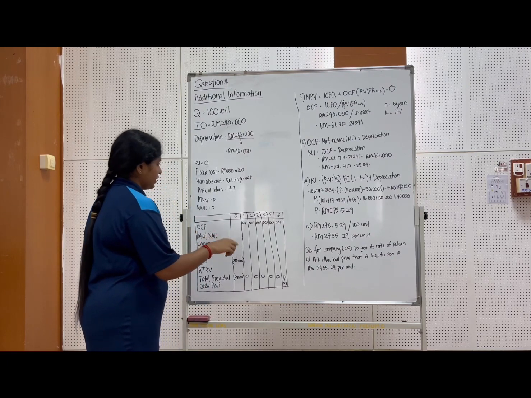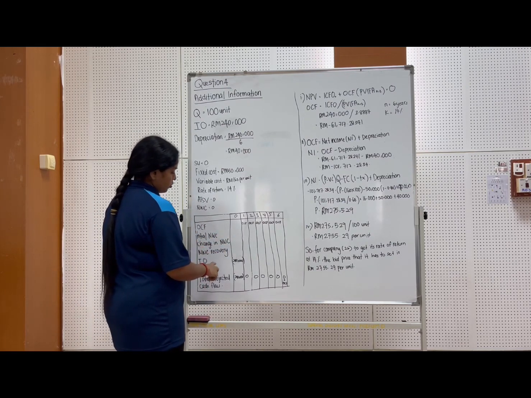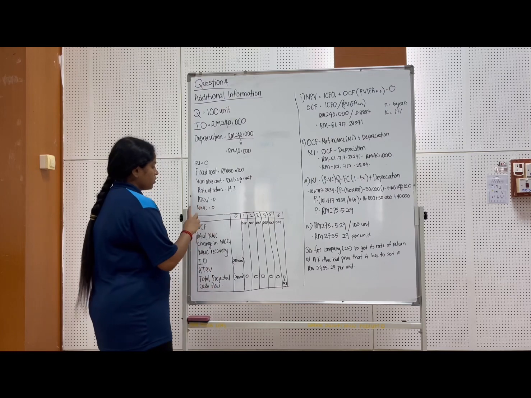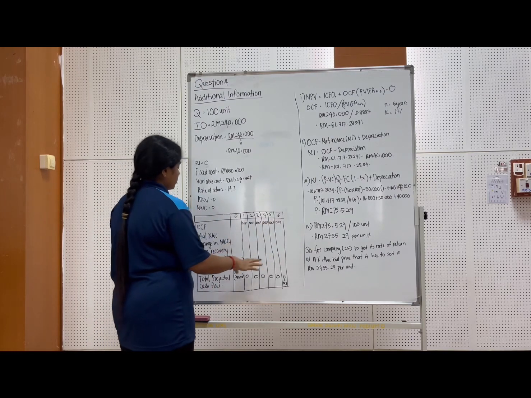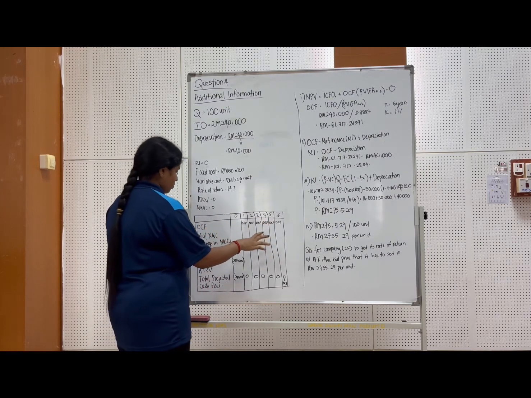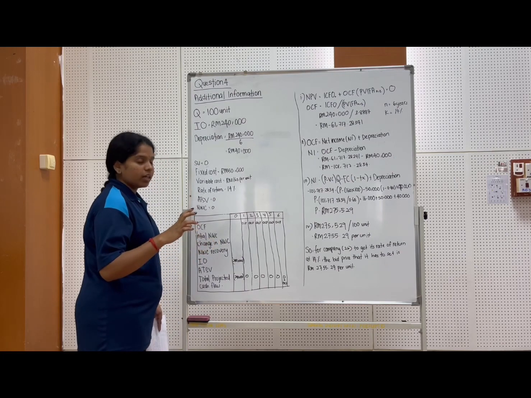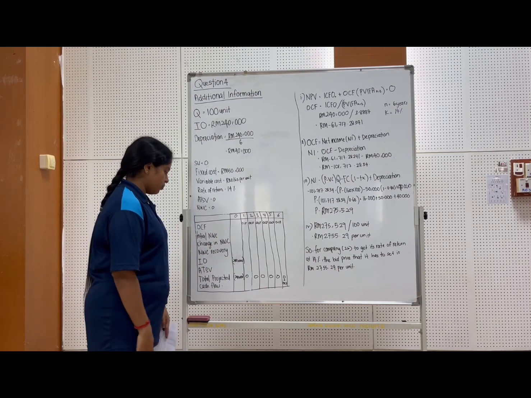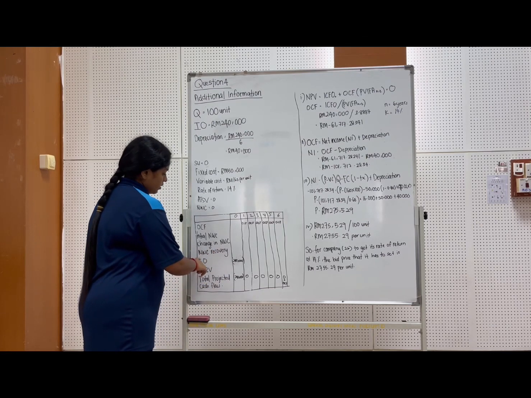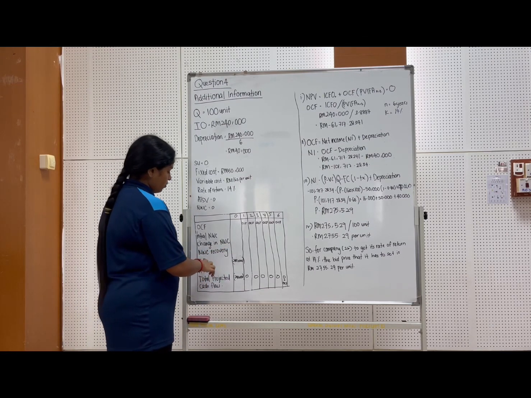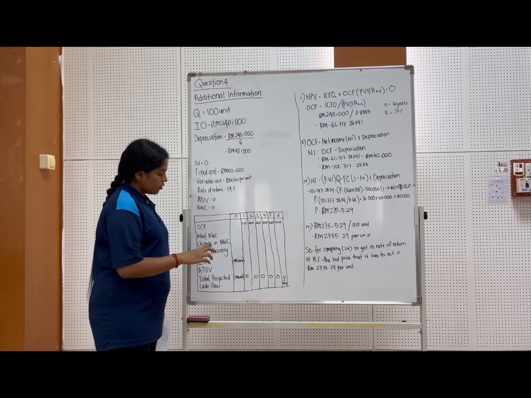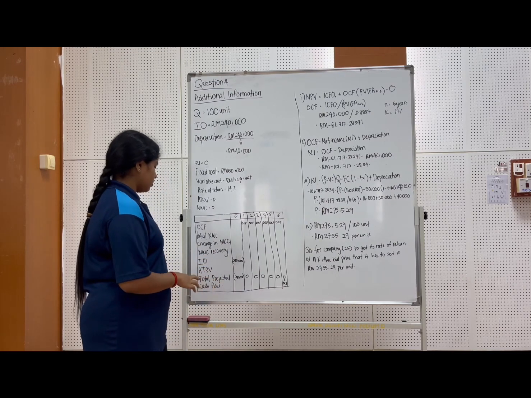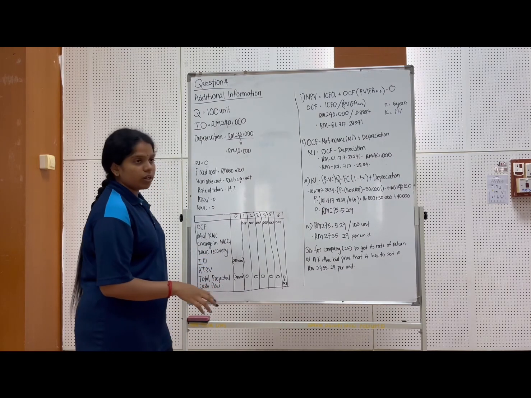We need to put a table to know the total projected cash flow, so we need to put 6 years. OCF will be 0, initial net working capital will be 0, change in net working capital also 0. The information given is IO, which is initial outlay 240,000, and the total projected cash flow will be 240,000.